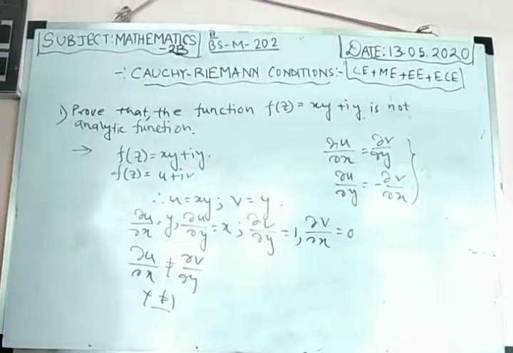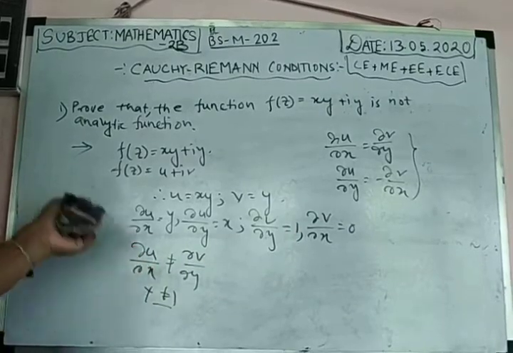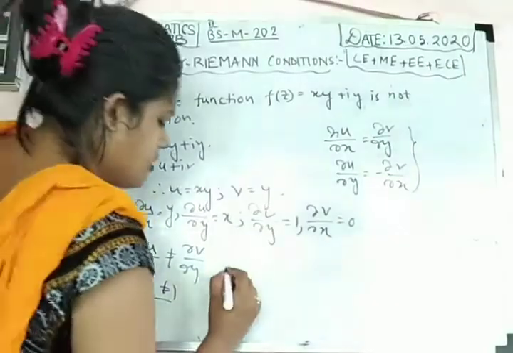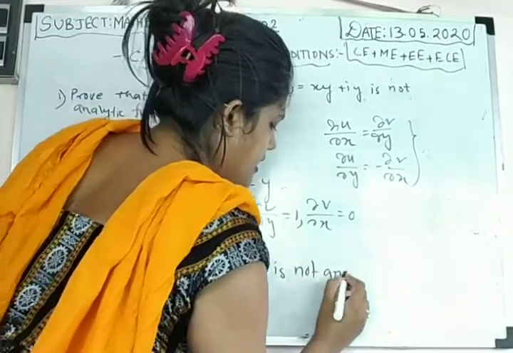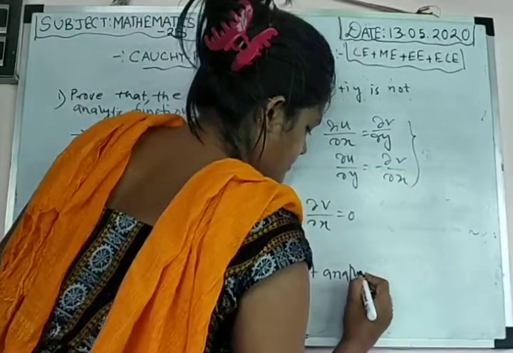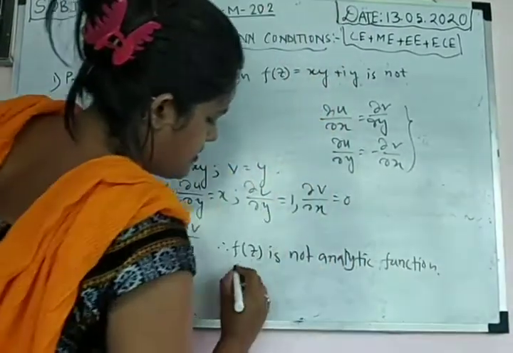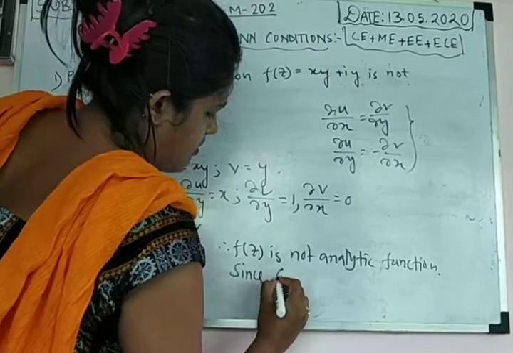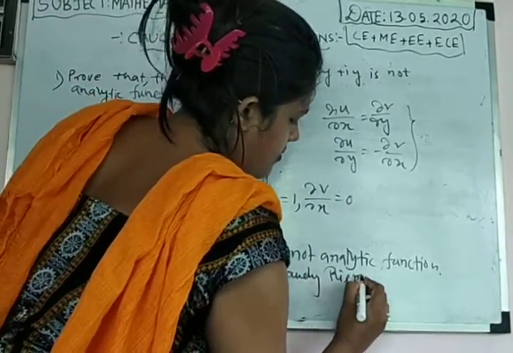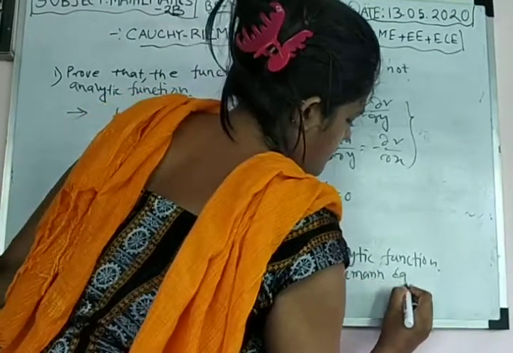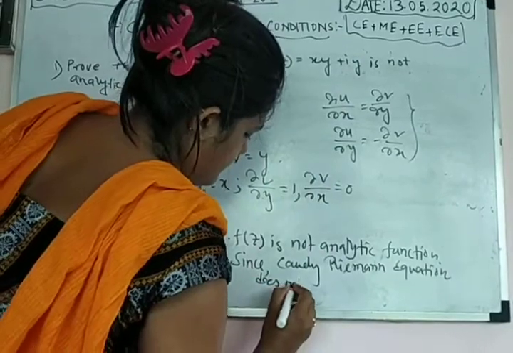Our contradiction arises; the Cauchy-Riemann equation does not satisfy. That means our function is not analytic. Therefore f(z) is not an analytic function, since the Cauchy-Riemann equation does not satisfy.